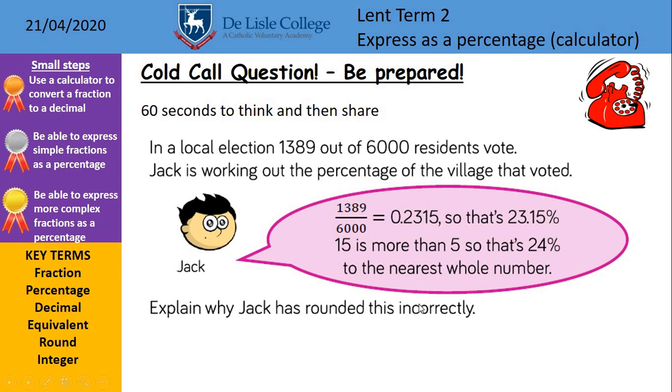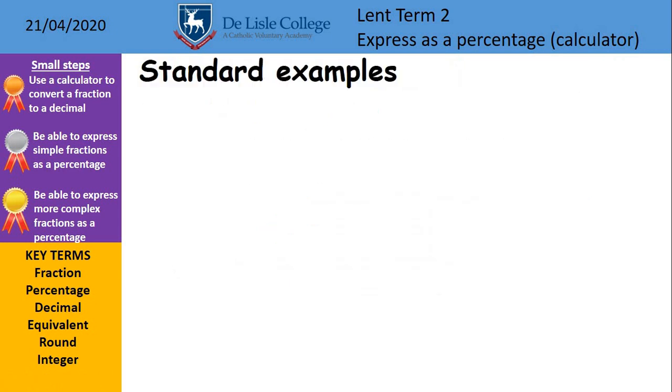It's his rounding that's now incorrect. He says 15 is more than 5, so that's 24, so he rounds it up. But no, this is not how we round. Remember, we just look at the number in the first decimal place value. This is a 1. We ignore the 5. The 1 tells us to round back, so to the nearest whole number, it should have been 23%.